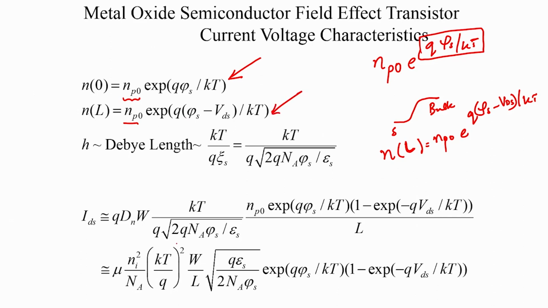And what is this h, the channel thickness? A good estimate for h: you should remember that the electrons form a very thin channel, basically just a sheet of charge. It is not very thick.